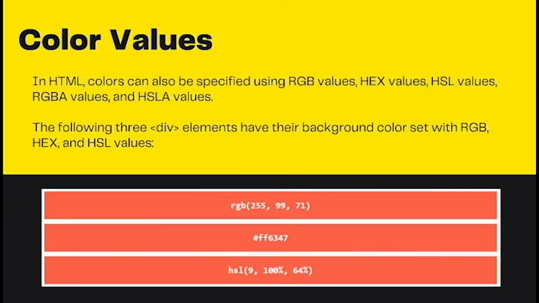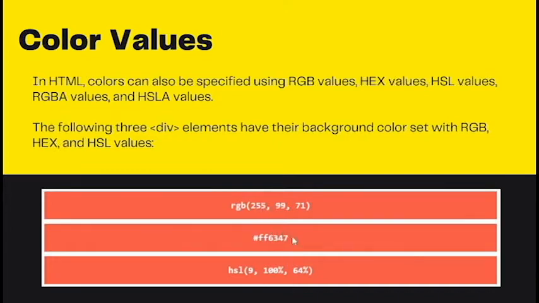Next is the color values. In HTML, colors can also be specified using RGB, HEX, HSL, RGBA, and HSLA values. If you use RGB, you can use these values to specify the color you want.